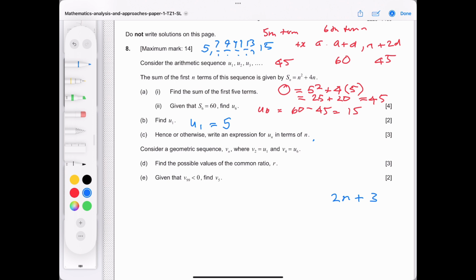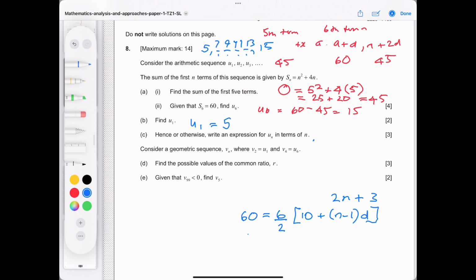So we could say that 60 equals 6 over 2 times 2a, which is 10, plus n minus 1 times d, which is the thing we don't know.